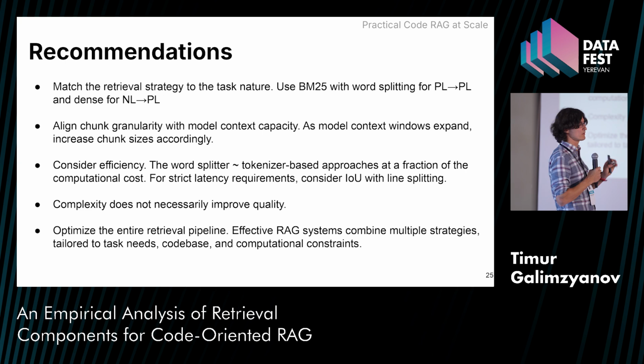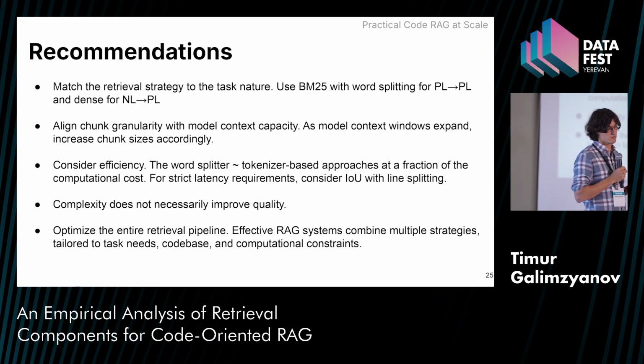Complexity does not necessarily improve quality, so first of all, I would suggest looking into the simplest methods, not the complex ones. And I would suggest optimizing and trying a retrieval pipeline, because effective RAG systems combine multiple strategies, and you need to tailor your approaches to the task.